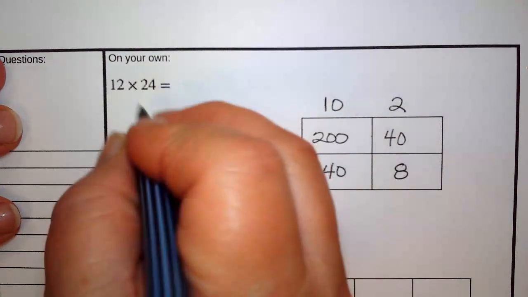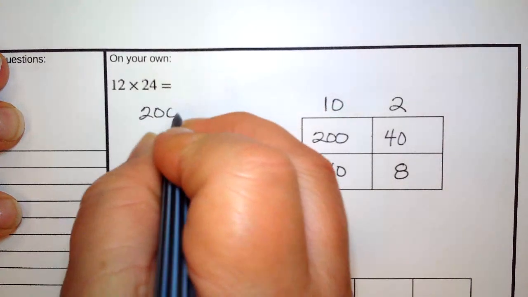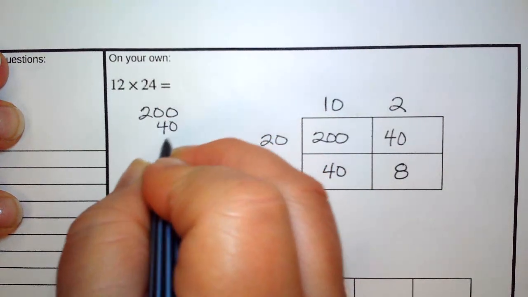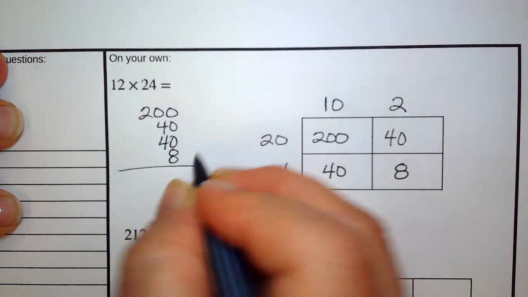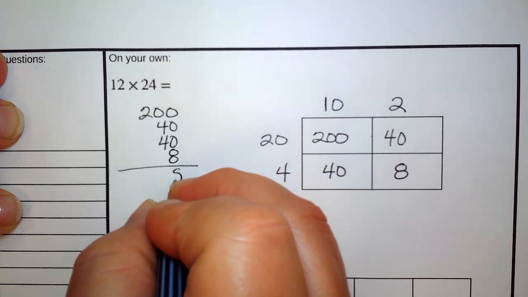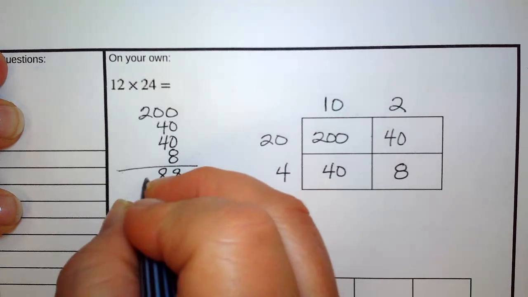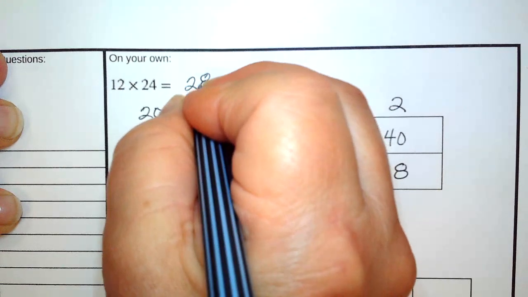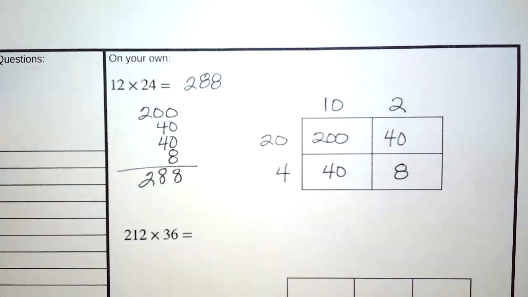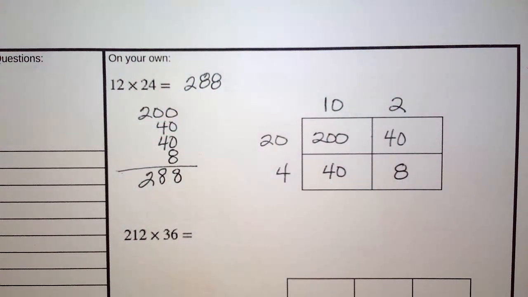Combine them with addition. 200 plus 40 plus 40 plus 8. 8. 4 plus 4 is 8. And put a 2 there. 288 is the correct answer. Hopefully you did it on your own and were able to be successful.